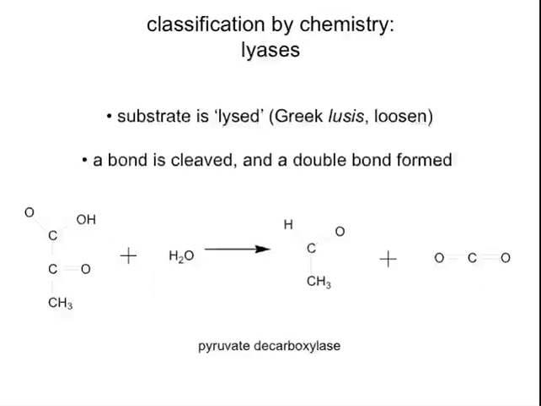The lyases, in which the substrate is lysed, or loosened, a bond is cleaved, and a double bond is frequently formed. So here is our example, pyruvate decarboxylase. Reminder: go look up decarboxylase, pyruvate decarboxylase. So here we're converting pyruvate to acetaldehyde, and we form carbon dioxide.